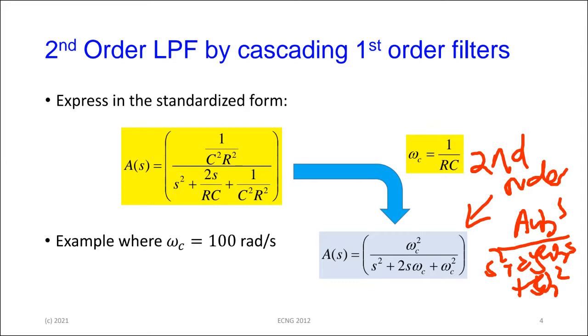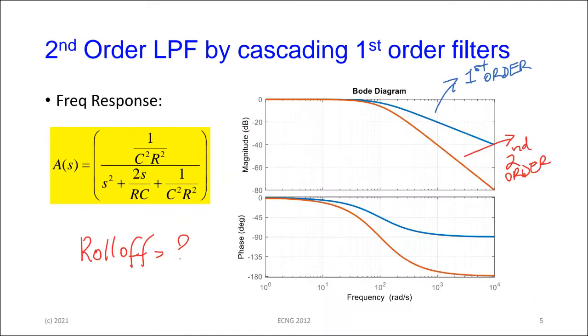So in this case, you're seeing that it's the same sort of form, so it's going to behave the same sort of way, and we plot the frequency response on it, and this is what we have.